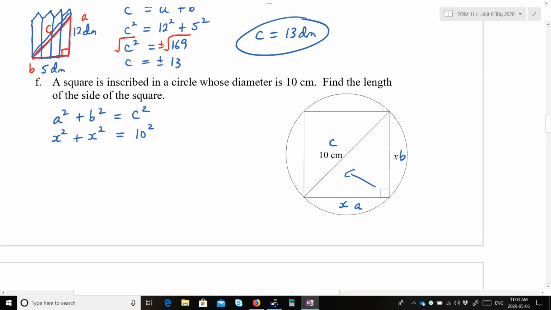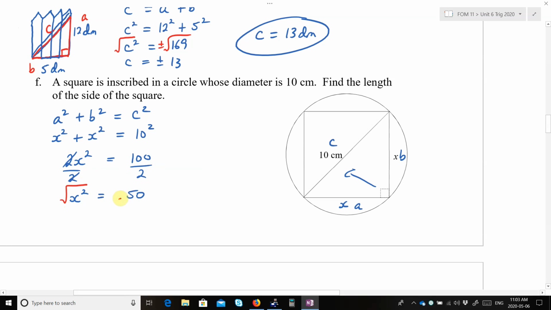So this is actually a little bit different from what we've been doing before. What we have to do now is go, hey, if I have x squared plus x squared, that is 2x squared, and 10 squared is 100. Then divide both sides by 2, and we get x squared equals 50, and now we're ready to square root both sides.